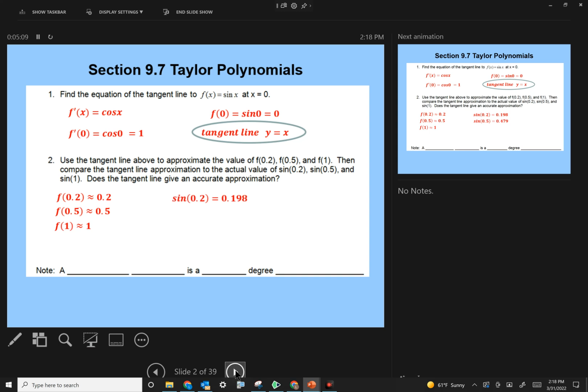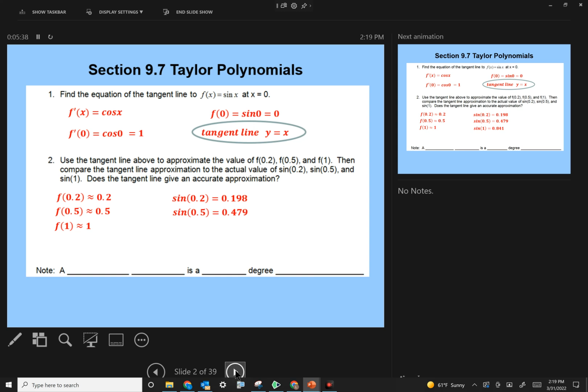Okay, so our approximation using the tangent line was 0.2, but the actual value is 0.198. That's pretty darn close, don't you think? Okay, if I plug in 0.5 into my sine of x, what do I get? 0.479. Anybody get that? That's still pretty close, yes?